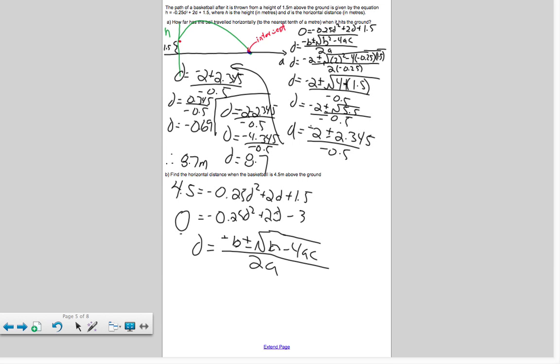We're just doing the same thing again. B again was 2, so we have negative 2 plus or minus the square root of B squared, which is 4, minus 4 times A, which is negative 0.25. That gives me a positive 1, and the value of C this time is negative 3. So 4 minus 3.